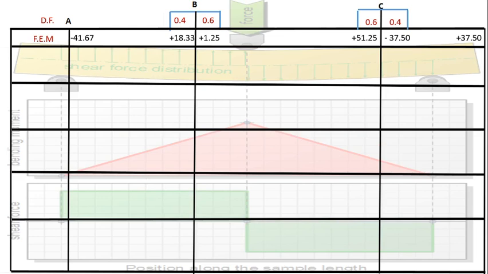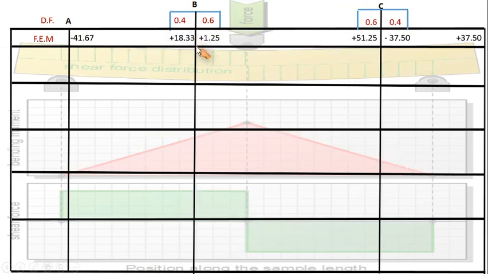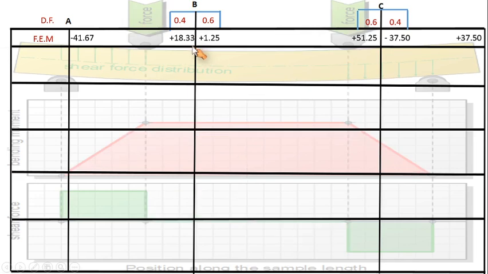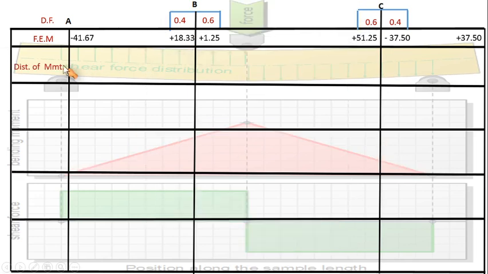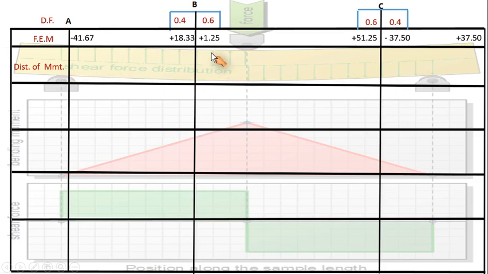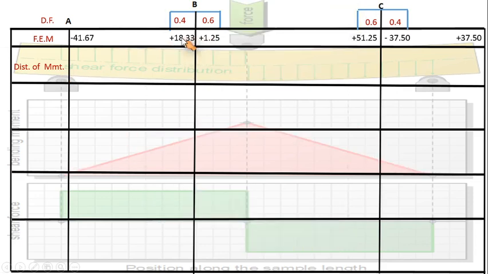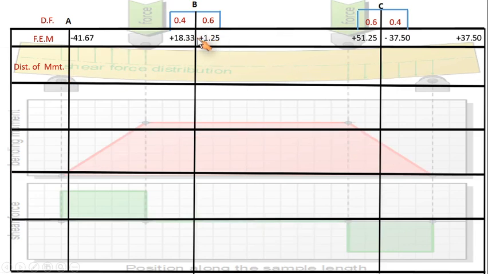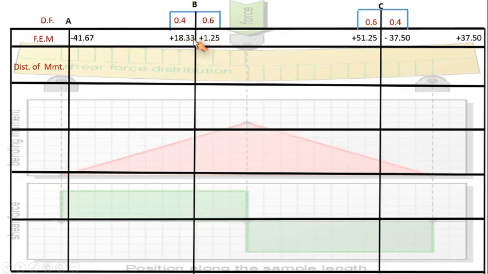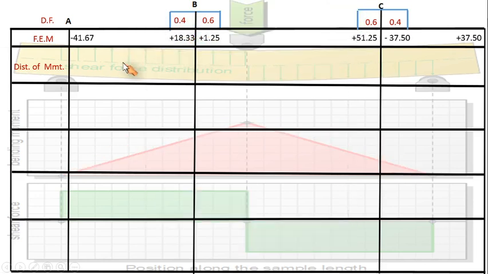So now let us start with the moment distribution of the unbalanced moment about joints B and C. Here let us first do the first iteration, in which the distribution of the moment will be the difference of these two moments, BA and BC, that is 18.33 minus 1.25 into negative of 0.4 for B on the left hand part.